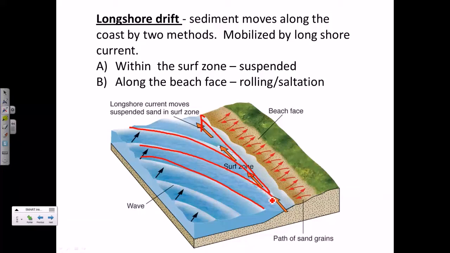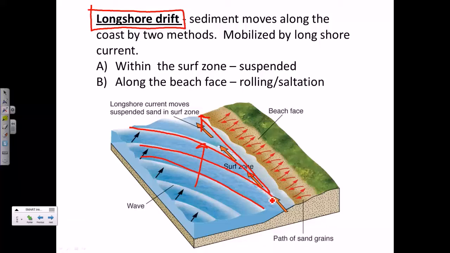Longshore current occurs within that surf zone, where you've got the waves breaking, and it's going to pull along sediments along with the water. And so longshore current results in this word up here at the top of this slide, longshore drift. Longshore drift is the movement of sediments. Because the waves come in at an angle, they drag the sediments along the shoreline and create longshore drift.